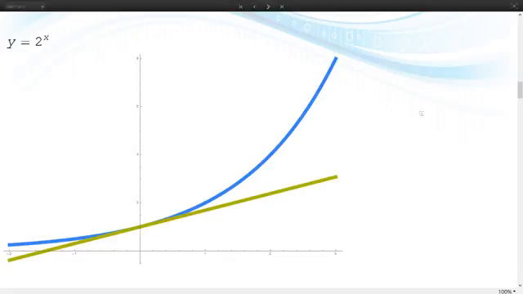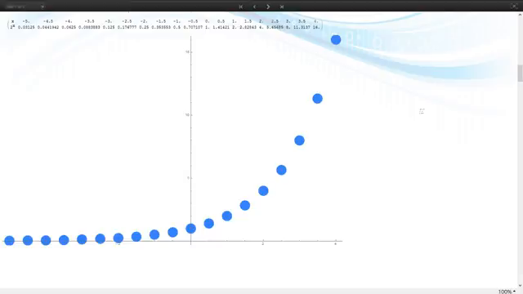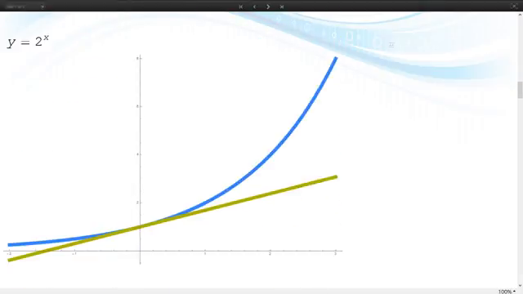So let's go back. We're just connecting these dots. We get this beautiful blue curve here. We will notice that as x goes to negative infinity, we have a horizontal asymptote at 0. And as x goes to positive infinity, our function will go up to infinity. So this is a nice function that has a one-sided horizontal asymptote.